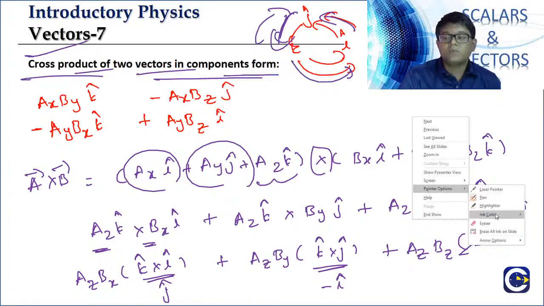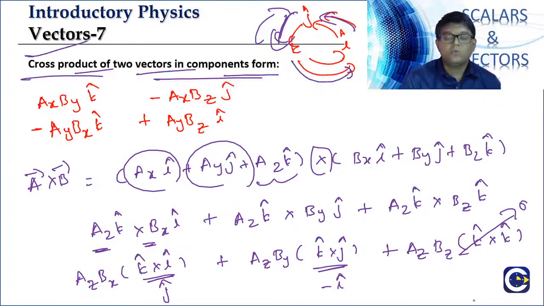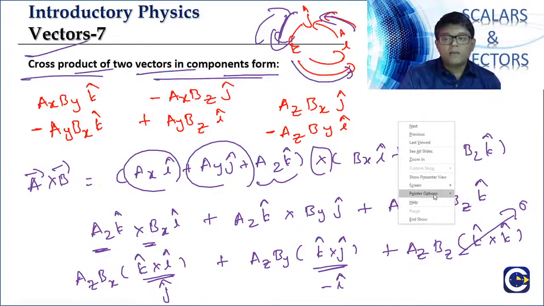Look at this, guys. What are the terms that we got now? This is az bx into j. Then minus az by into i.